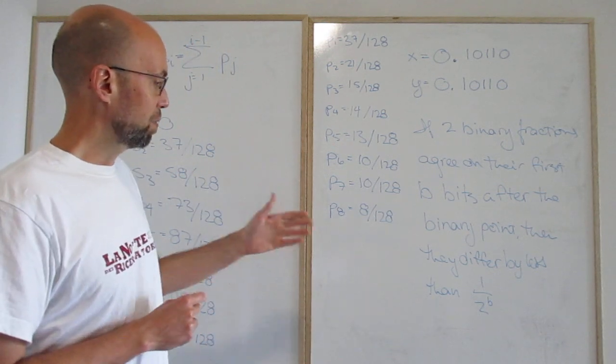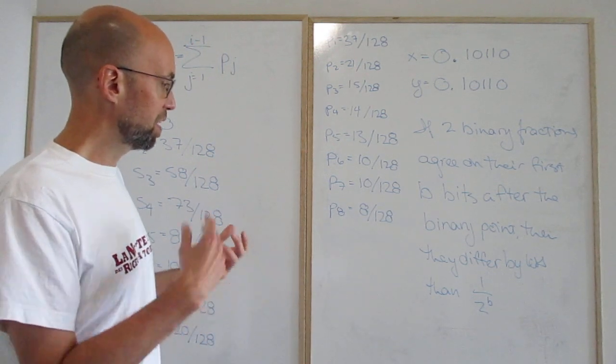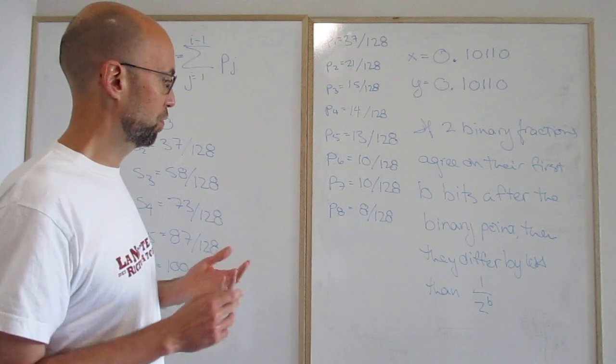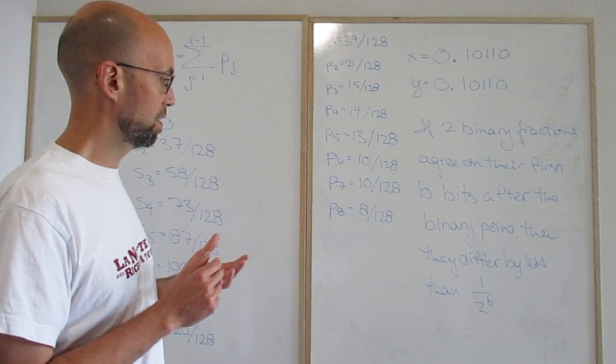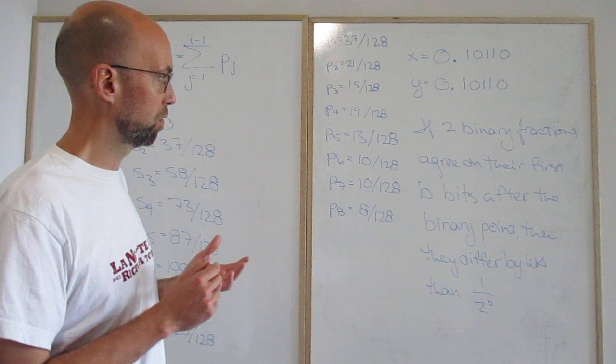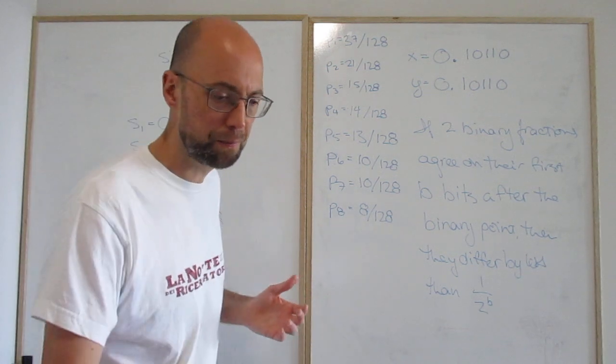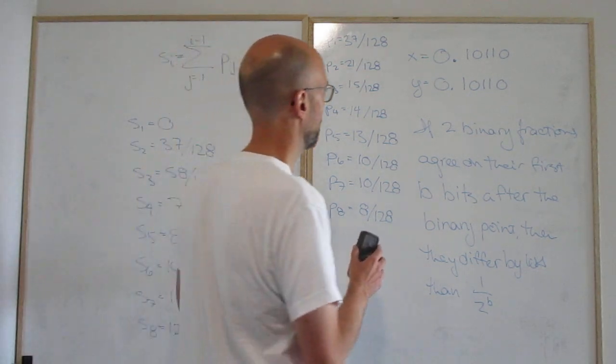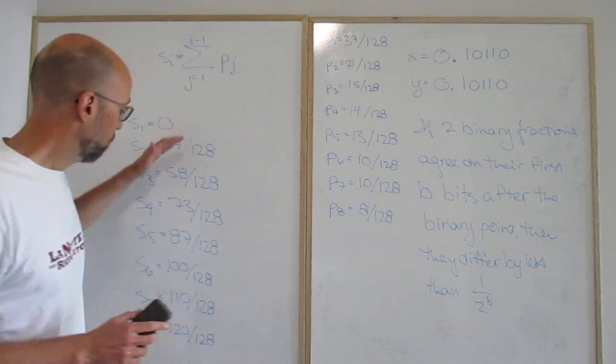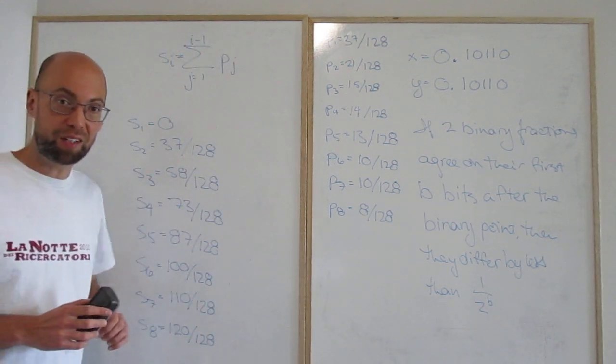So if you differ by d, you have to differ on one of your first floor log d bits. Okay. So, why is that useful for building a code?